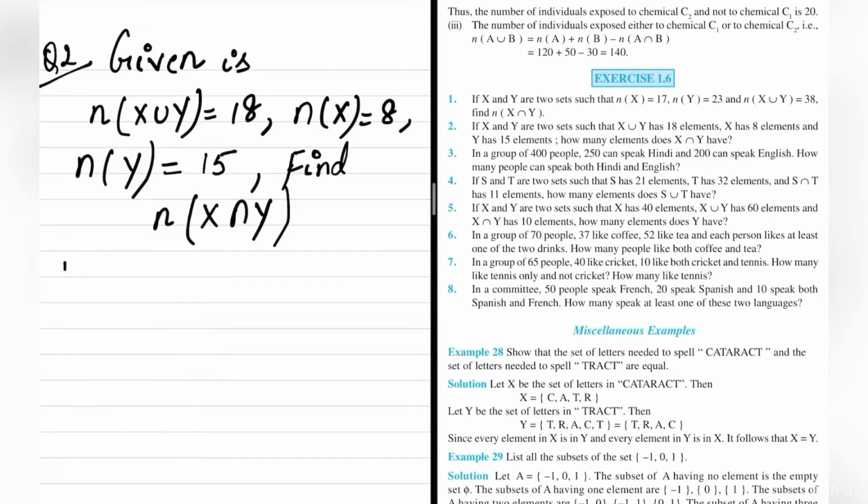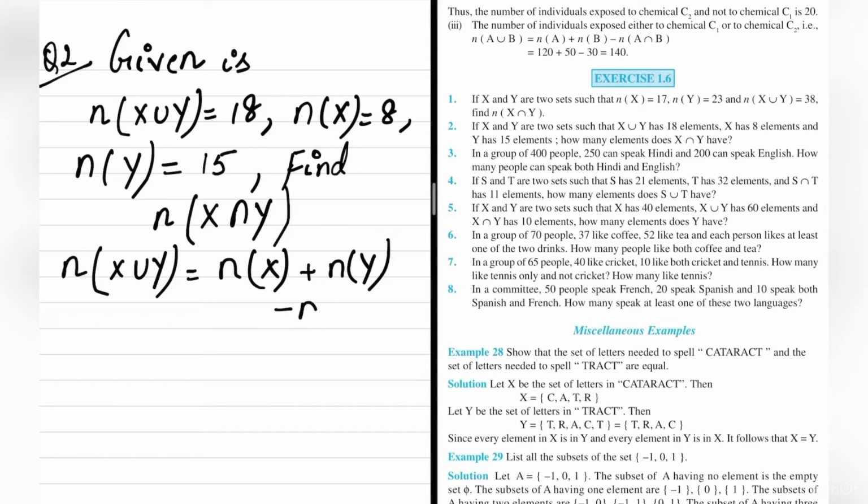So we know that n of x union y is equal to n of x plus n of y minus n of x intersection y. So just plug in the values.